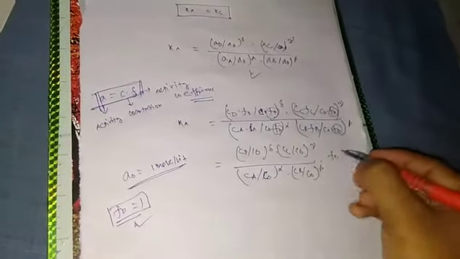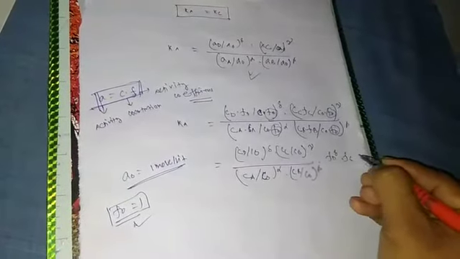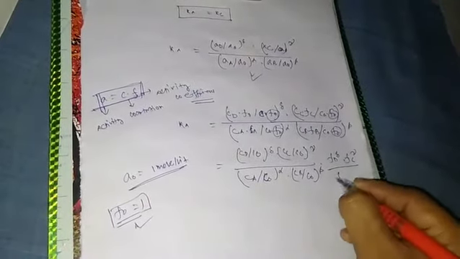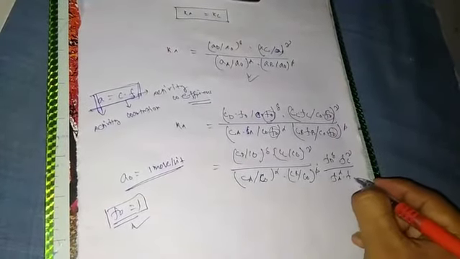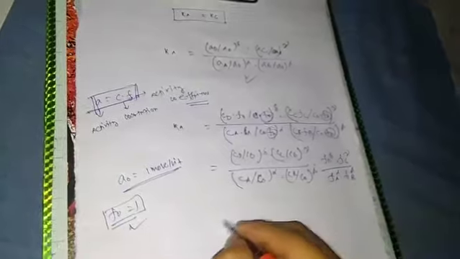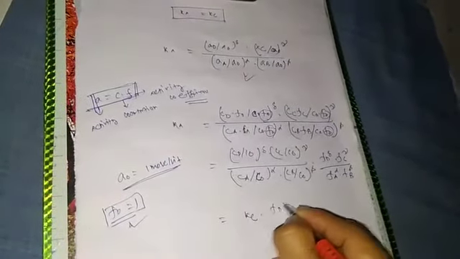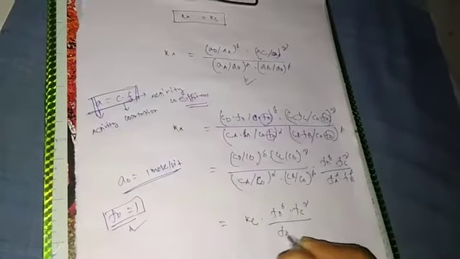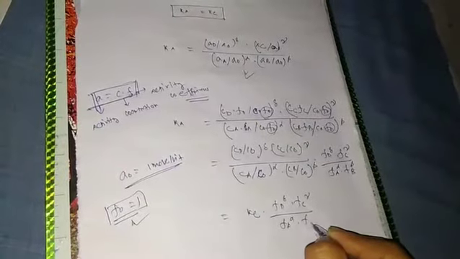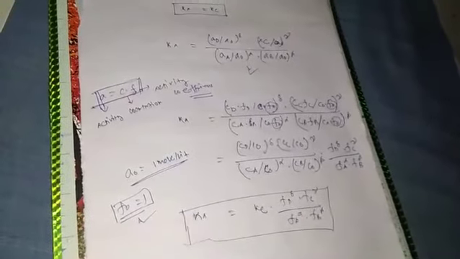Next, Fd delta into Fc gamma divided by Fa alpha into Fb beta. Now this is Kc into Fd delta Fc gamma divided by Fa alpha into Fb beta. This is the relation between Ka and Kc.